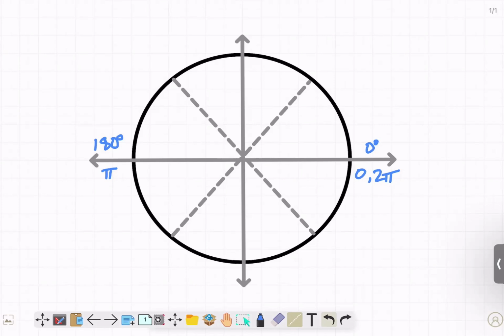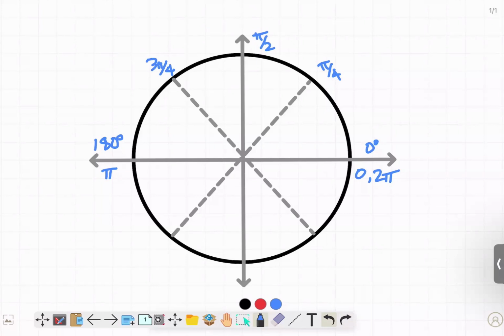Since the top half of the circle is pi, each of those pieces is 1/4 of pi, or pi over 4. The first angle that we've created here is 1 pi over 4. The next one would be 2 pi over 4, which we've already talked about is pi over 2. The next one would be 3 pi over 4. And then the next one would be 4 pi over 4, which is pi.